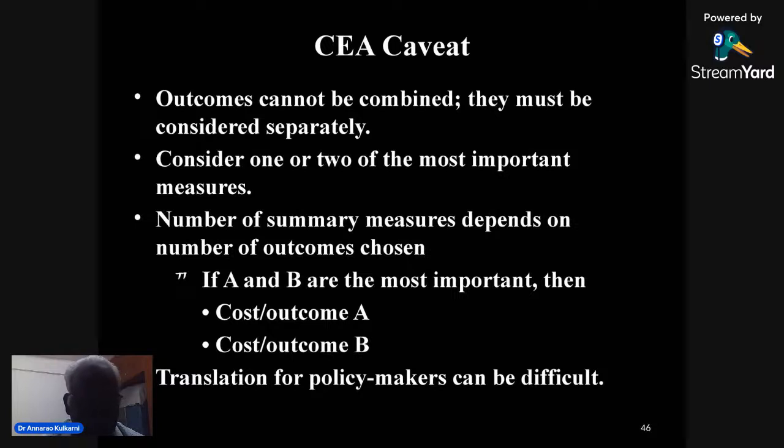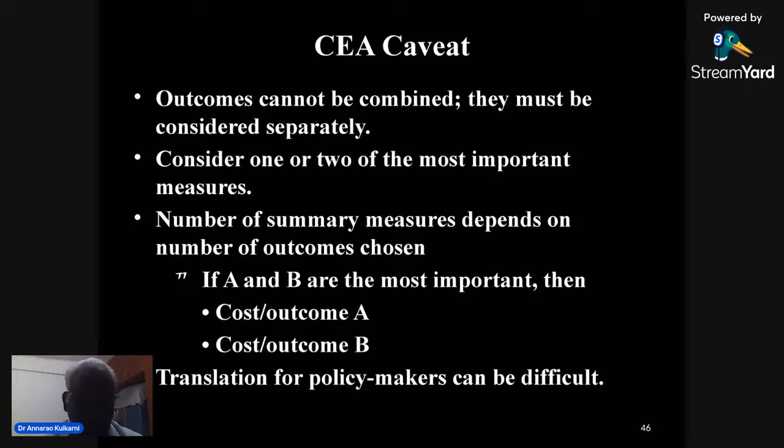For example, a physical activity program may have two intended effects: lowering of blood pressure and decreasing body mass index. But we cannot combine these two because these two effects cannot be combined in a cost effectiveness analysis. The summary measure for the analysis would be cost per millimeter of mercury reduction in blood pressure or cost per 1% decrease in body mass index.